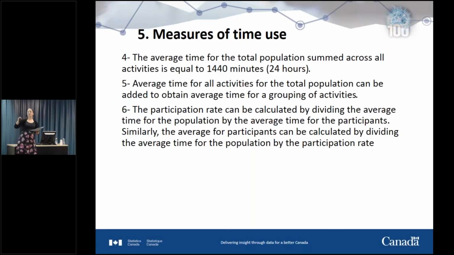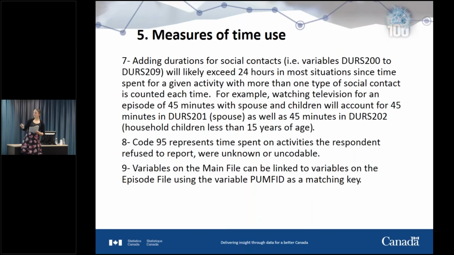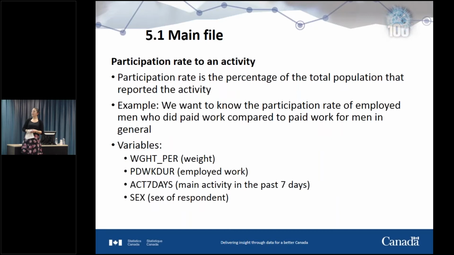The average time for all activities for a total population can be added to obtain the average time for a grouping of activities. What it means is, if you know that you have an average duration of 8 hours sleeping and an average duration of 8 hours working, the group of activities, sleeping and working, has an average duration of 16 hours.